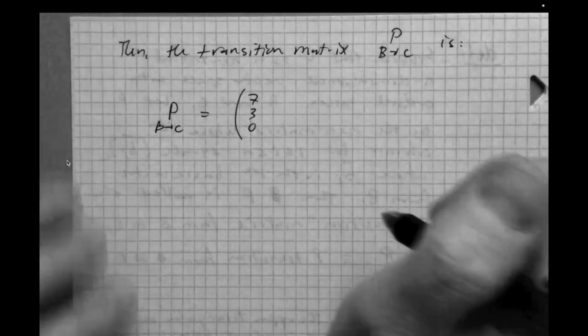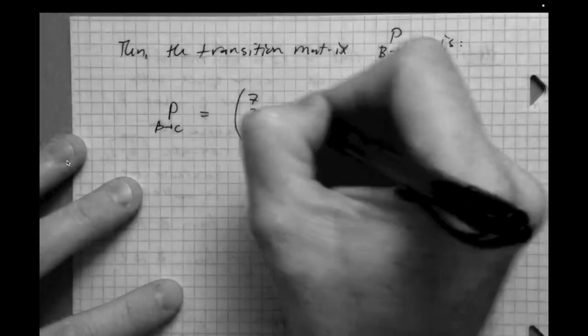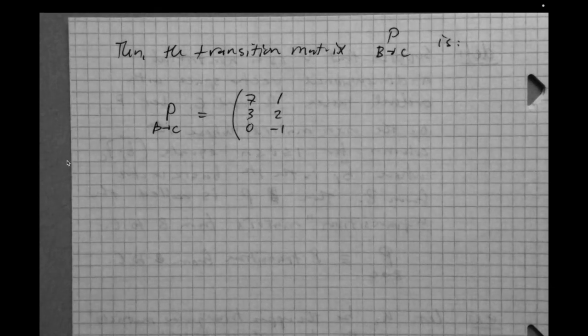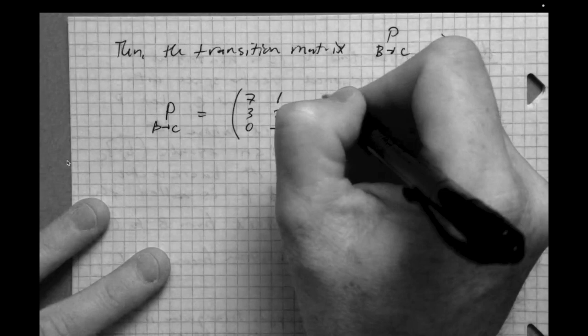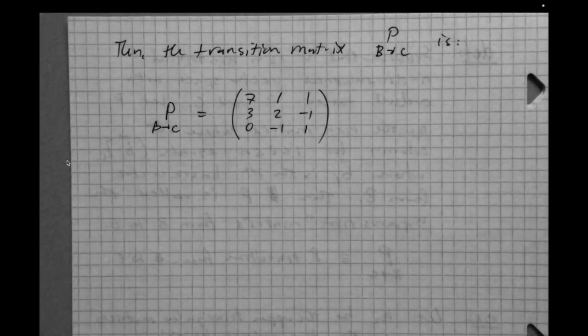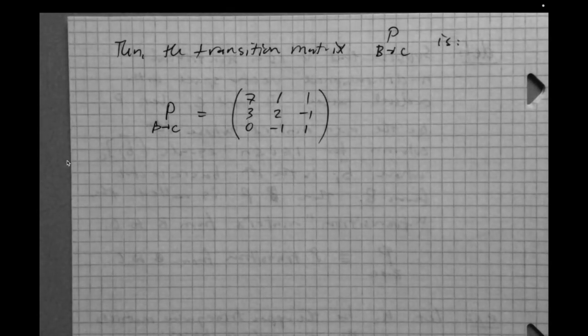That's the coordinates of the first basis vector in B under C, and then 1, 2, negative 1, that's the coordinatization of the second basis vector in B under C. And then 1, negative 1, 1, that's the coordinatization of the third basis vector in B under C. Right? So this is the transition matrix from B to C.